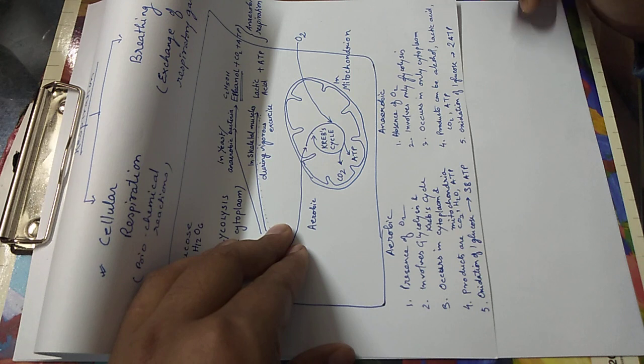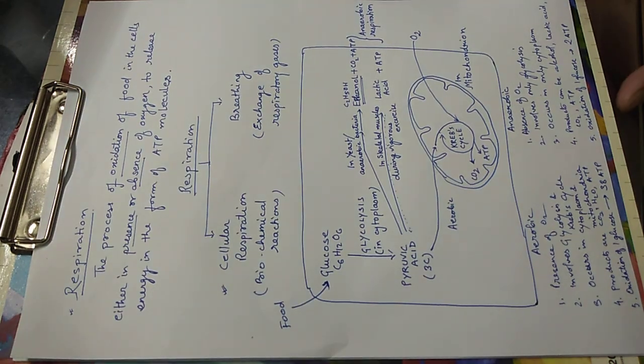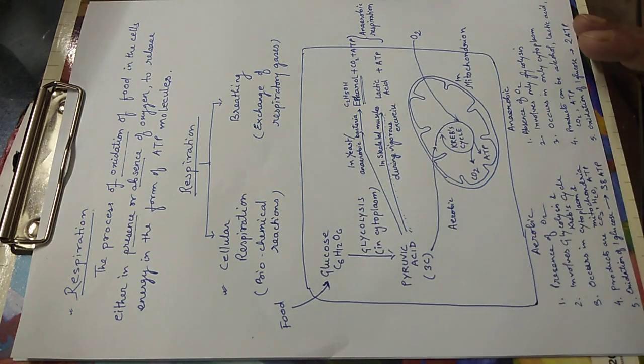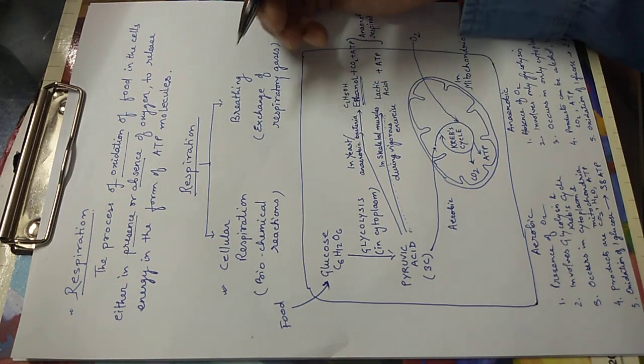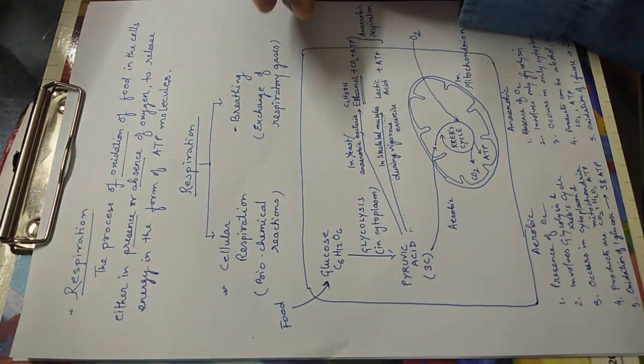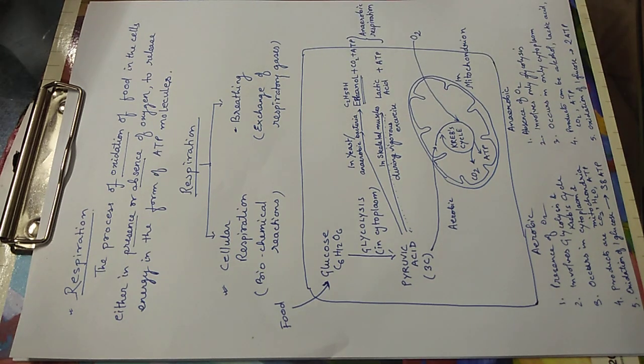So the amount of ATP formed is very, very less in case of anaerobic respiration. So overall, this is the concept of cellular respiration. In the next video, I'll be discussing the physical process called breathing, and there I'll be discussing the human respiratory system and how exchange of gases takes place. Thank you.